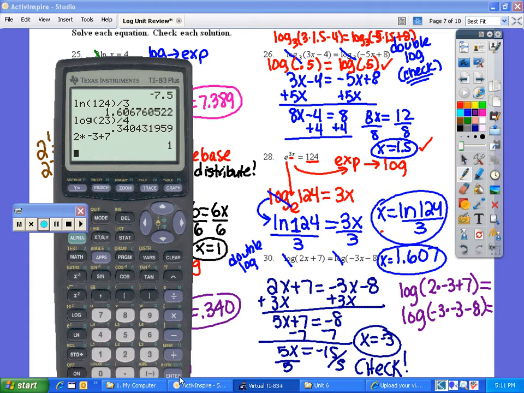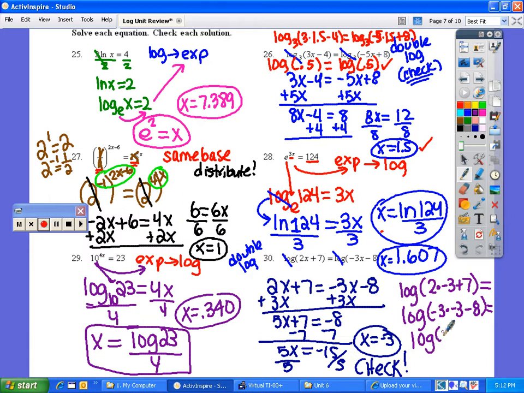That's only 1. And then negative 3 times negative 3 minus 8. That's 1 as well. So we have log of 1 equals log of 1, which is allowed. So this is okay.